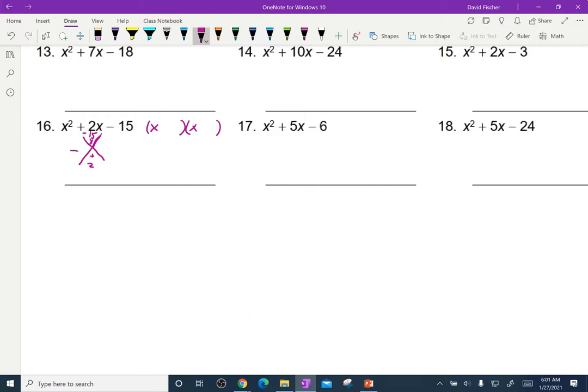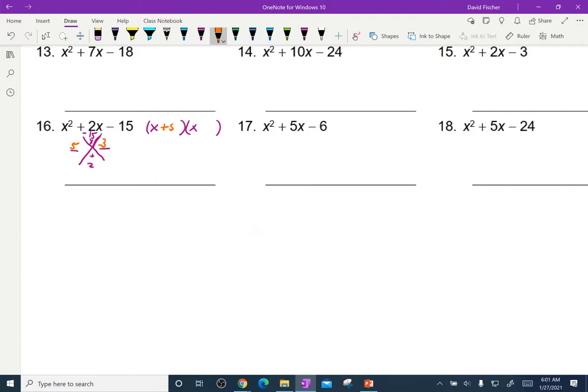All right, so two numbers that multiply to 15 but add up to 2. 5 and 3. Well, yeah, 5 and 3 might do it. Because that would be 15. I can get a 2 out of it if I made this one a negative. Then 5 times negative 3 is negative 15.